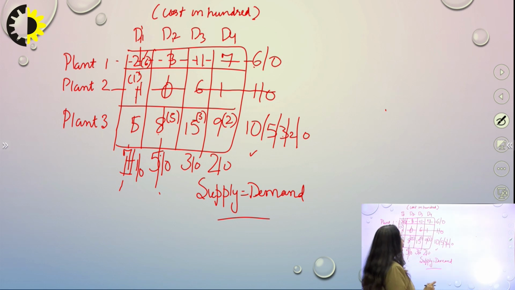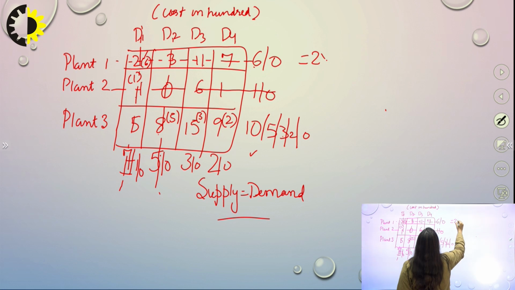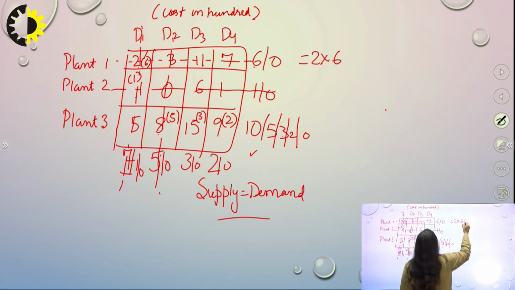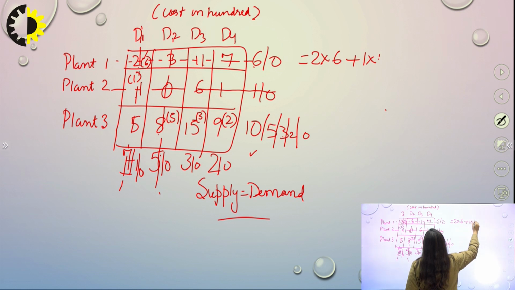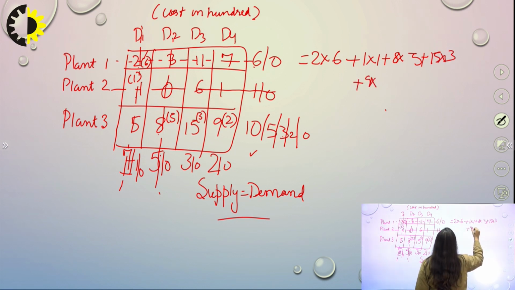Now, what we have to do, we have to find out the cost. The cost over here is, we have to multiply this 2, that is the cost per million liter, into 6 plus 1 into 1 plus 8 into 5 plus 15 into 3 plus 9 into 2.